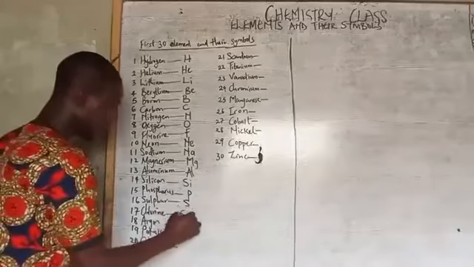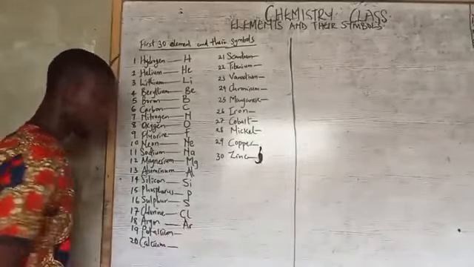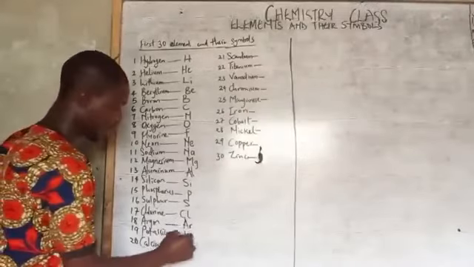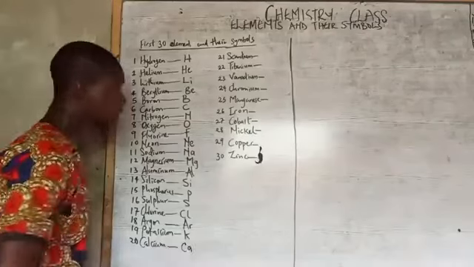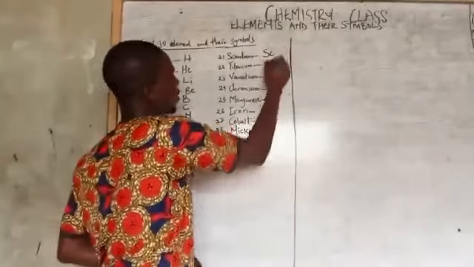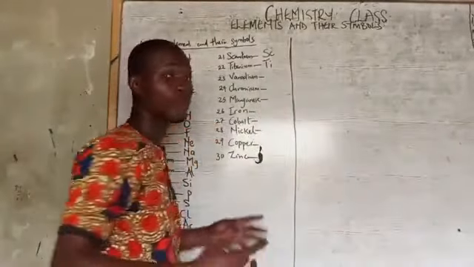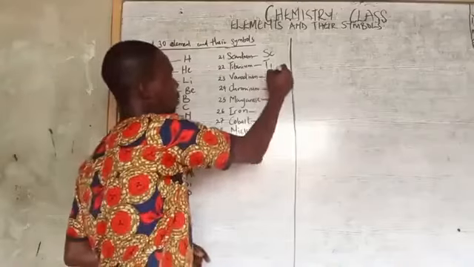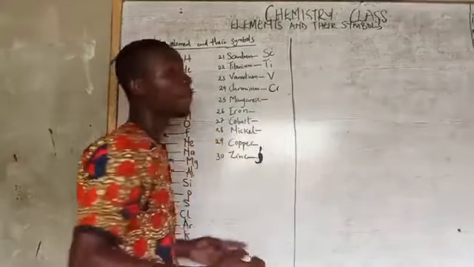Chlorine Cl. Argon Ar. What about potassium? K. Calcium Ca. And the next is scandium Sc. Titanium Ti. Vanadium is symbolized V. Chromium Cr.